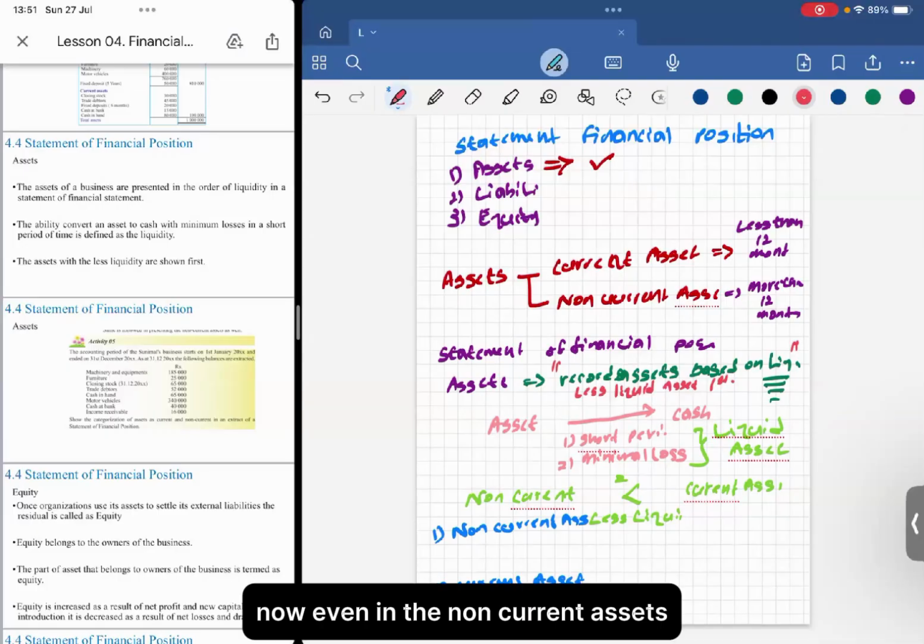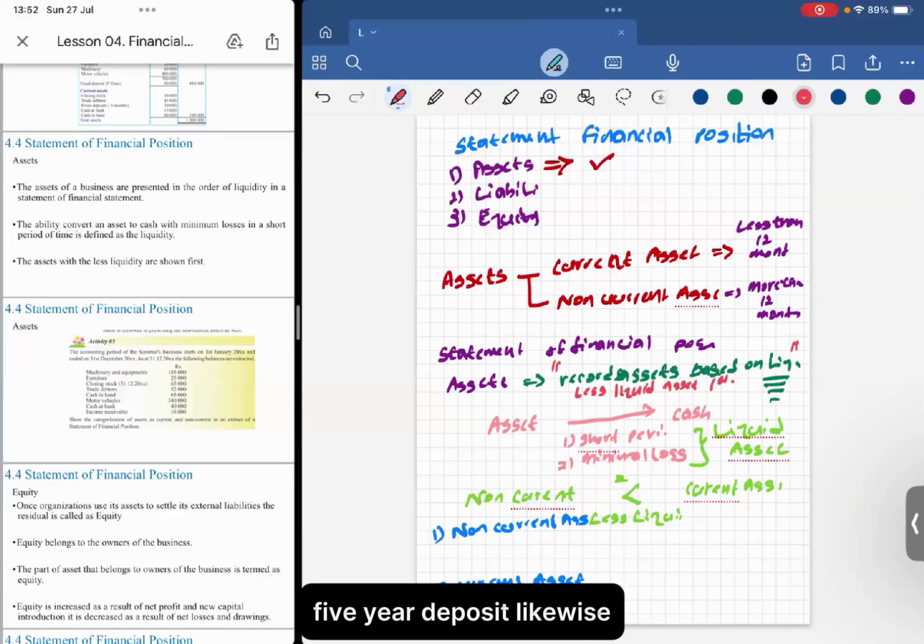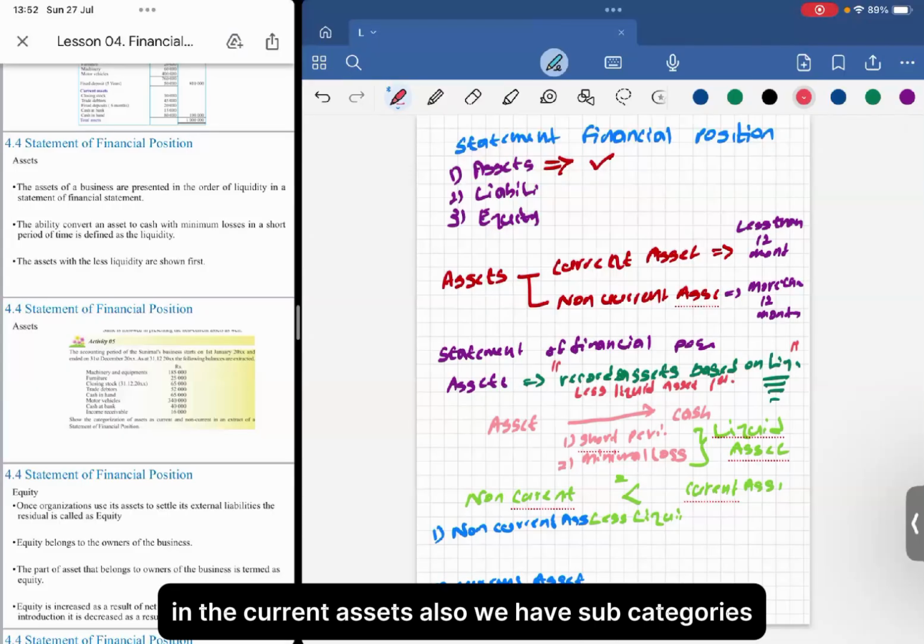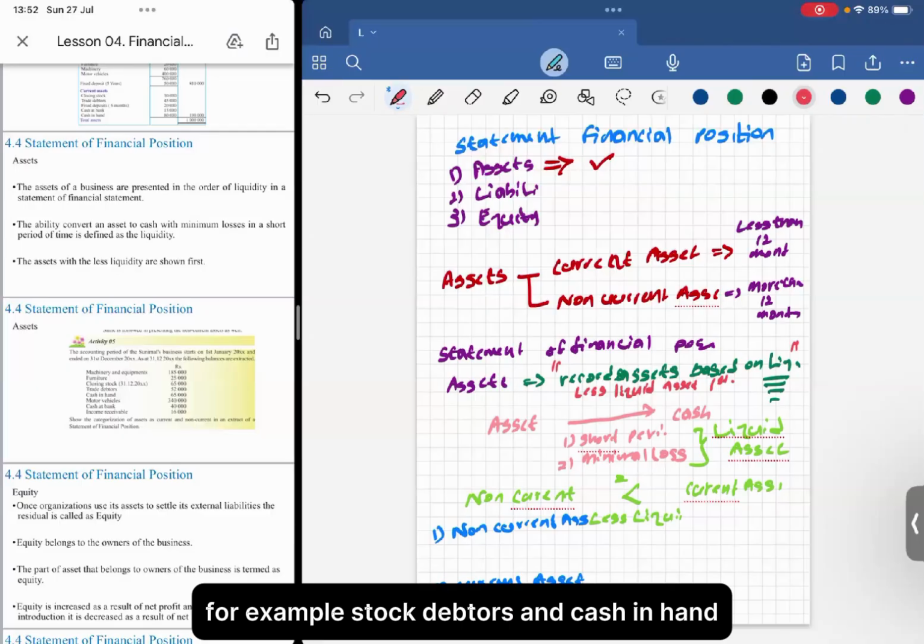Now even in the non-current assets, we have subcategories of assets. For example, land and building, vehicles, 5-year deposit, likewise. In the current assets also, we have subcategories. For example, stock, debtors, and cash in hand.